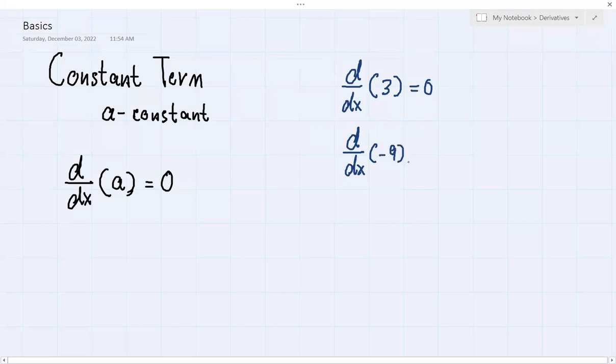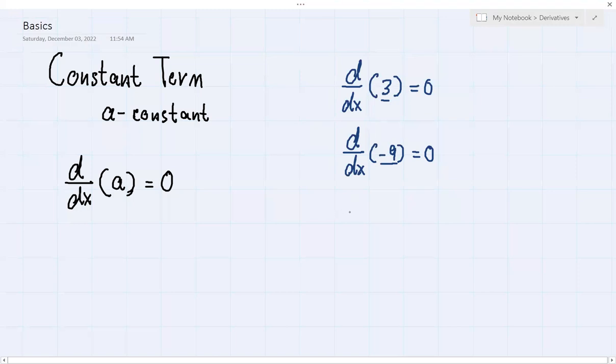Anong sagot natin dito? The answer is 0. So what did you observe? You see, si 3 at saka si negative 9, both of them are just numbers. Wala siyang kapartner ng x. So kahit positive or negative sila, tapos kukunin mo yung derivative nilang dalawa, ang sagot nila ay 0 pa rin. Because both of them are still constants.